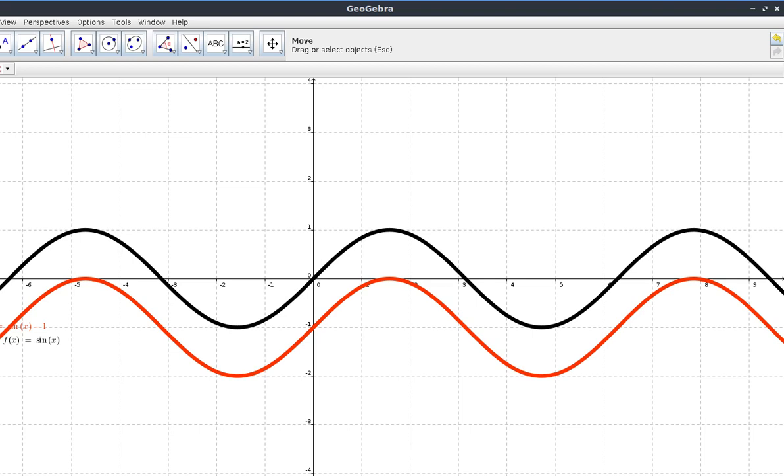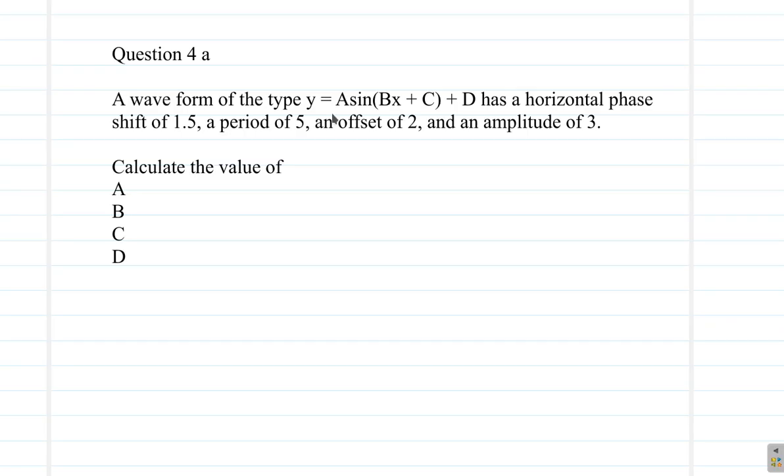So as you can see, there's an offset to it. After you close the bracket, what you put outside of it is the offset.